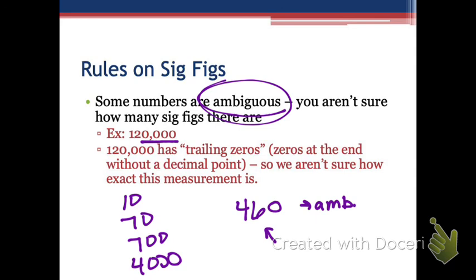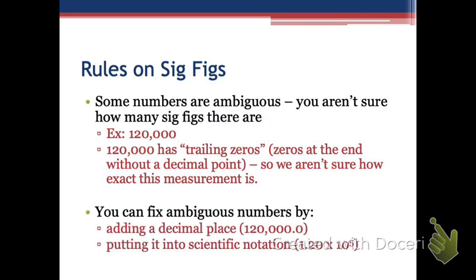Okay. Now, let me tell you this. When we're doing math problems with significant figures, we're going to do our best to not give answers that are ambiguous. So how can we fix a number that's ambiguous? There's two ways we can fix a number that's ambiguous. First of all, we can add a decimal place to it and add a zero after the end.